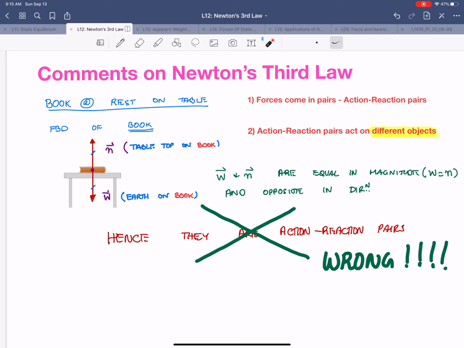So the question then becomes, you've got the weight of the book, which is the force that the earth exerts on the book. Earth is pulling the book down with that force.